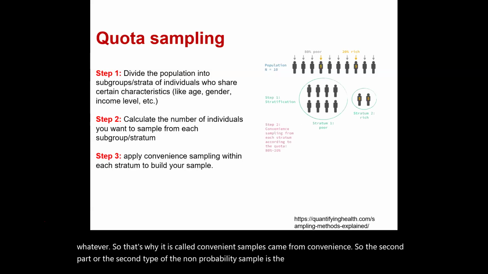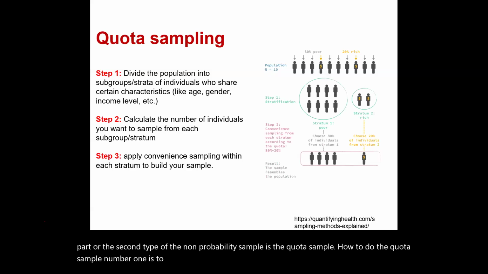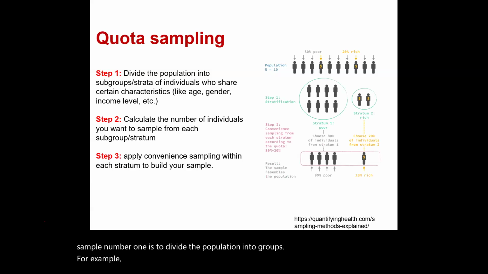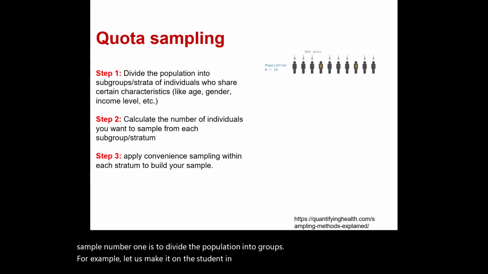How to do the quota sample? Number one is to divide the population into groups. For example, let us make it on the students in the medical school. So we can classify the students into groups.